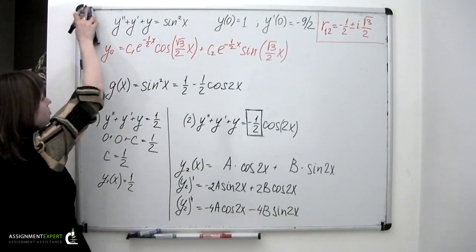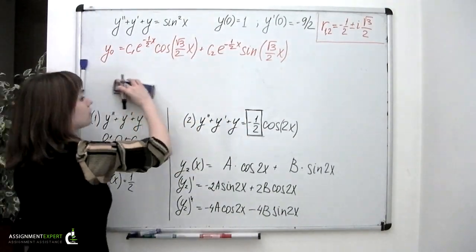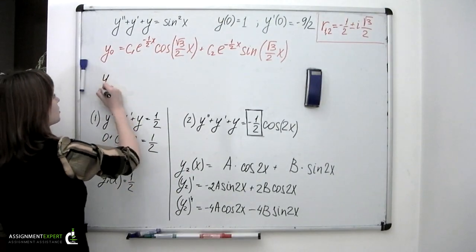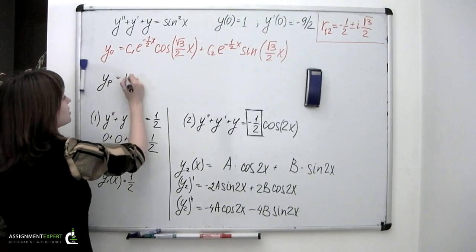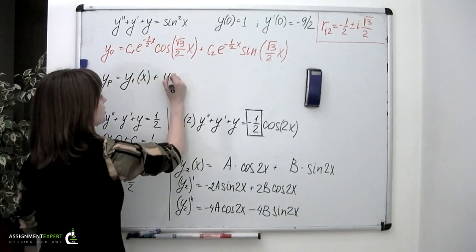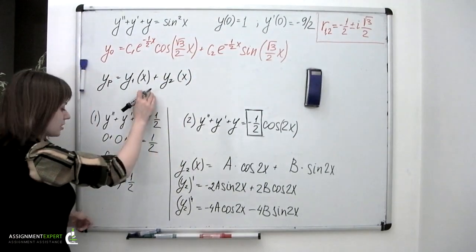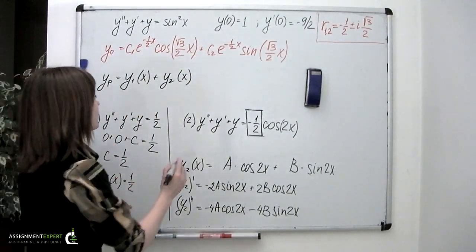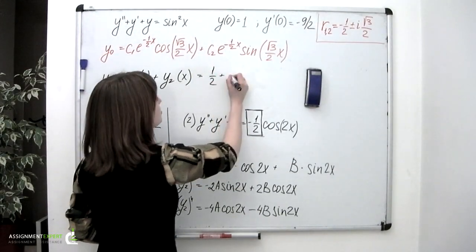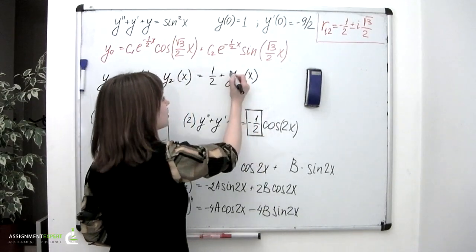Okay, let me recall a couple of things. We know that our particular solution will be found as a sum of y sub 1 of x and y sub 2 of x. And y sub 1 is already found and it's equal to 1/2, so I can write it down: 1/2 plus y sub 2 of x.